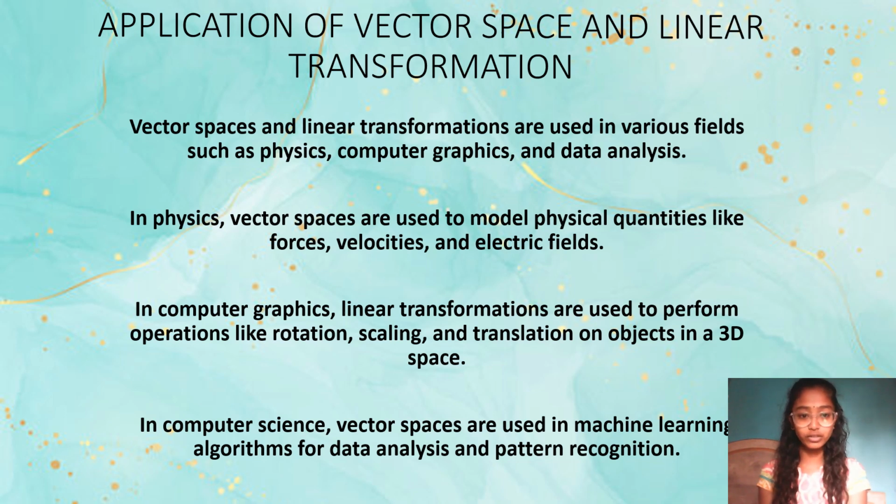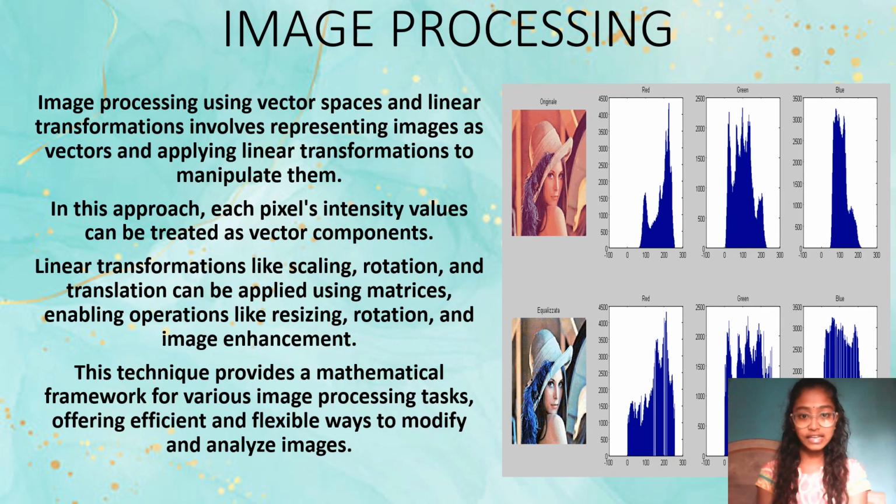In computer graphics, linear transformations are used to perform operations like rotation, scaling, and translation on objects in 3D space. In computer science, vector spaces are used in machine learning, algorithms for data analysis, and pattern recognition. And the next, let us discuss in detail the applications of vector space and linear transformation.